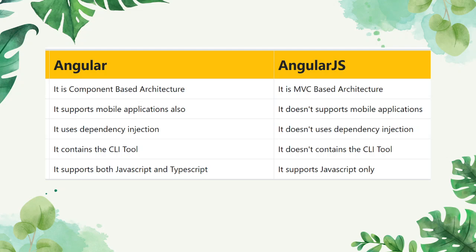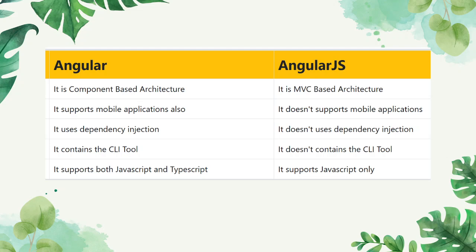The CLI is a wonderful tool to create components, services, pipes and directives on one platform, to create or run the commands of Angular. AngularJS does not contain the CLI tool. Angular supports both JavaScript and TypeScript. AngularJS supports only JavaScript.